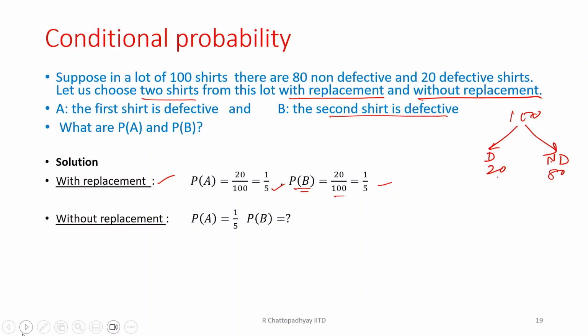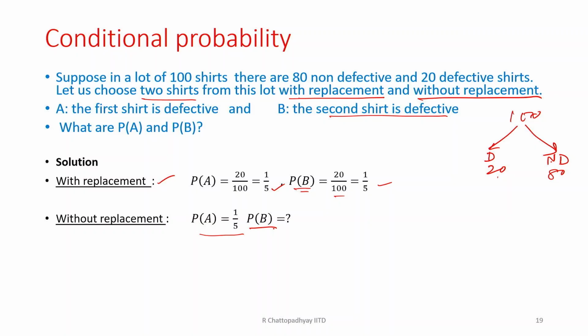If I don't replace it back, after I draw the first shirt I keep it and then go for the second, but I don't put it back into the stack again. So without replacement, the first shirt being defective, there is no change, P(A) is going to be 1 upon 5.